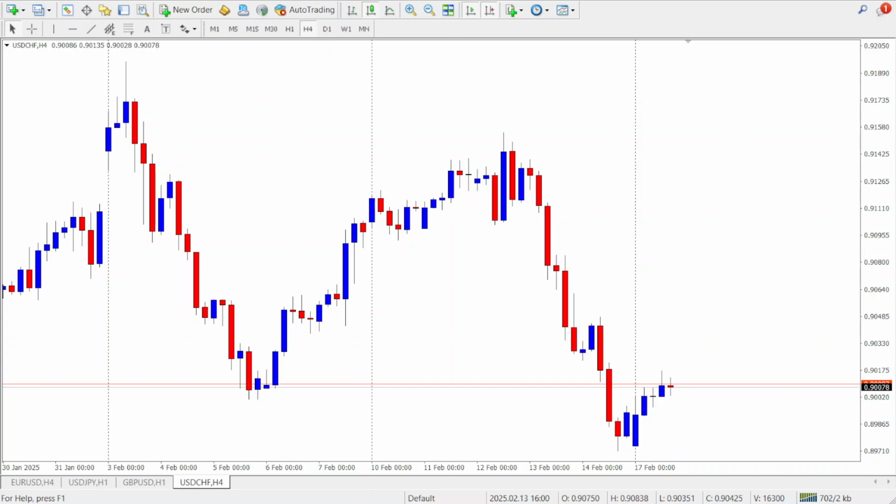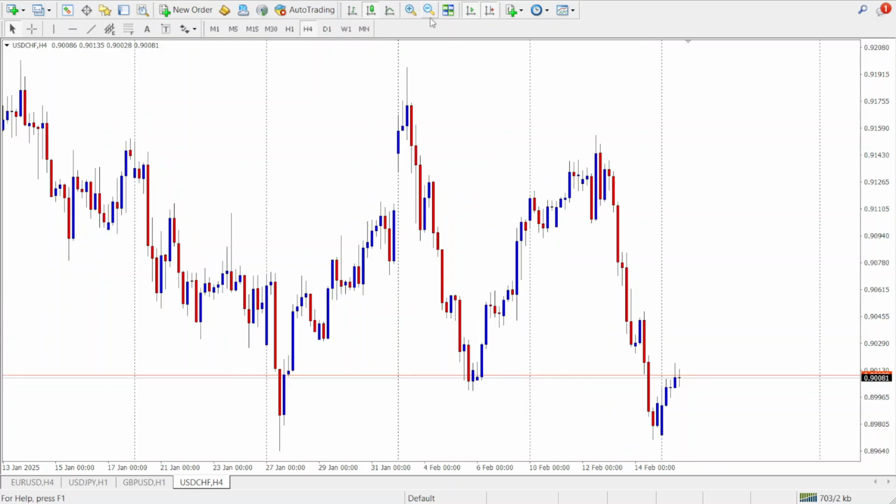Unlike retail trading strategies that rely on indicators, ICT trading is based on market structure, liquidity, and price action. So the biggest advantage of using ICT concepts is that they help you understand why price moves the way it does. Instead of chasing random signals, you start anticipating moves based on smart money behavior.